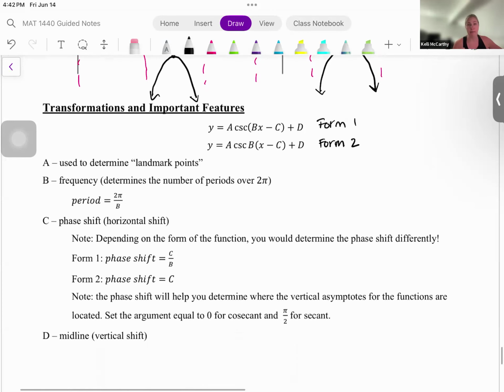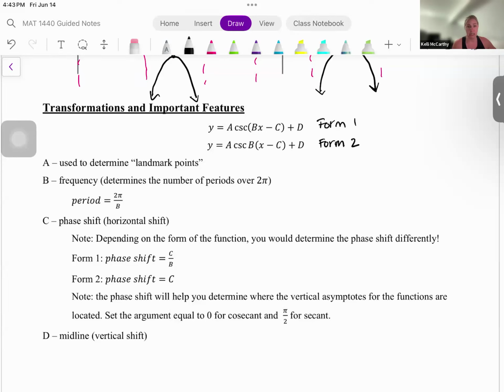Our phase shifts represent that horizontal shift. The way we determine the phase shifts is dependent on the form that the equation is given in. But we're going to use really the idea of that starting point, that asymptote, in order to identify that phase shift so that we can graph it.